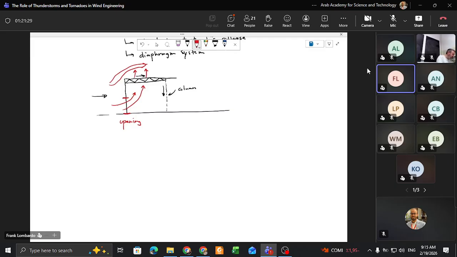And so the end result, a lot of times in these systems, is that you break your connection from the roof to the wall. So you basically lose the connection here, and then you essentially have what amounts to a freestanding wall.